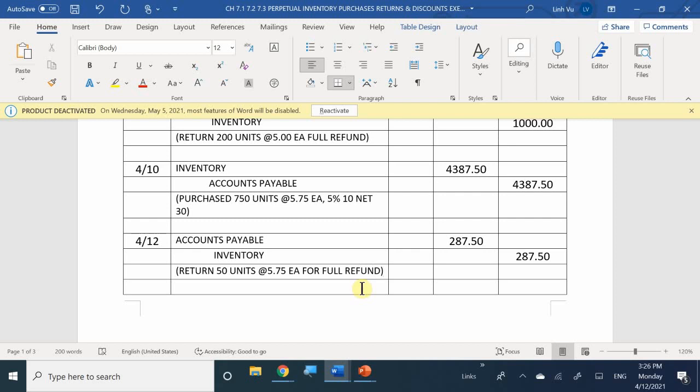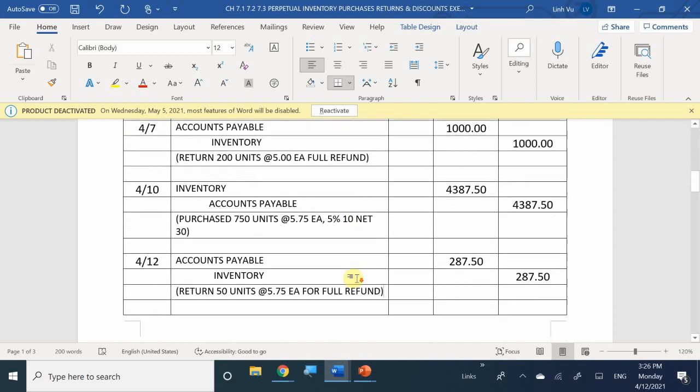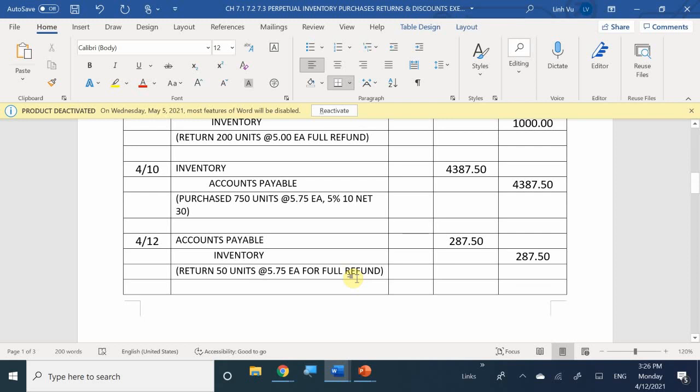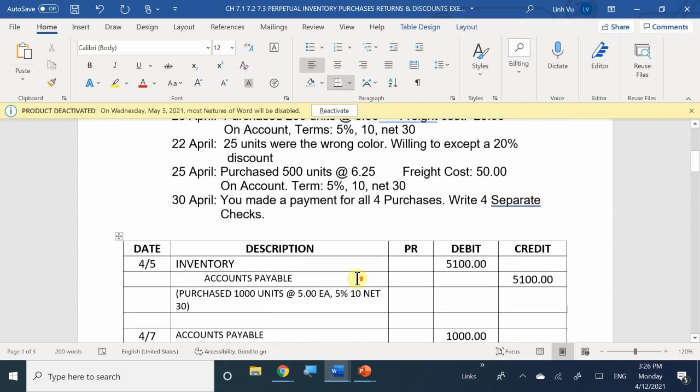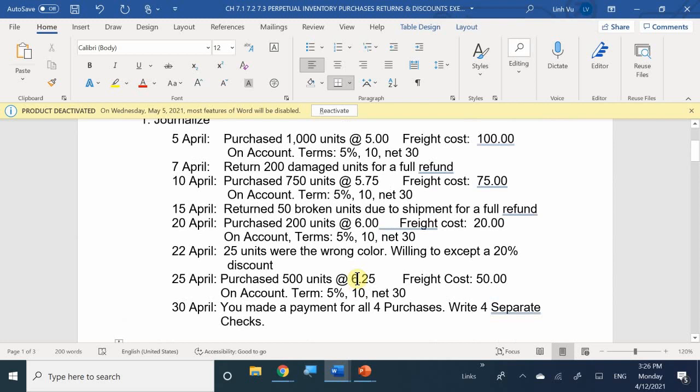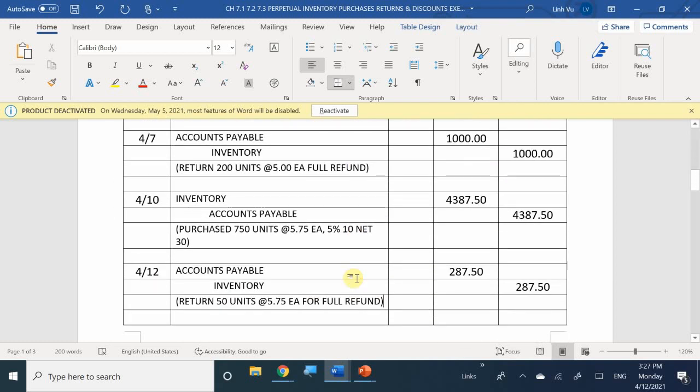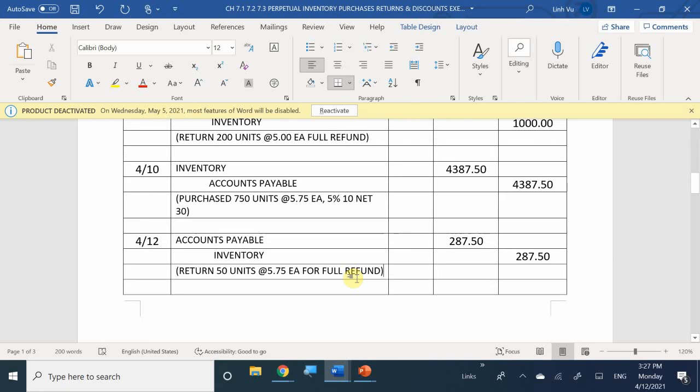Can you give me a second to catch up real quick? Yeah. Underneath the inventory for 4,387.50, we just put that we returned the 50 units, right?